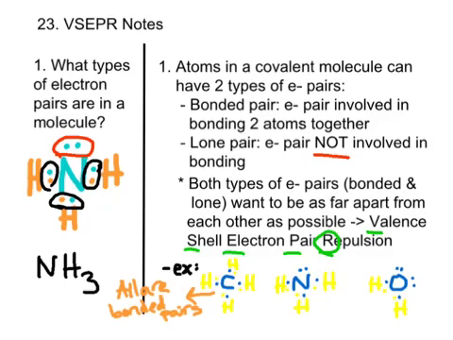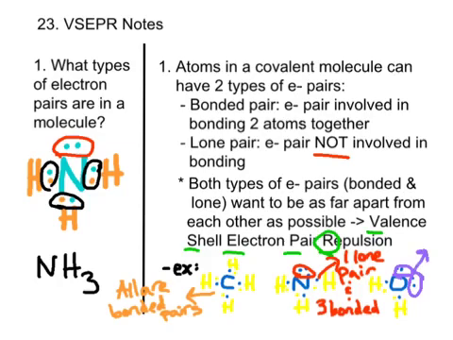That's unlike the second example here, NH3. We can see that we have one lone pair and all the rest are bonded to H. So in this example, we have one lone pair and three bonded pairs. Now in our final example of H2O, we can see that oxygen here has two lone pairs and two bonded pairs, bonded to two hydrogens. So let's write that down. In that one we have two bonded pairs and two lone pairs.